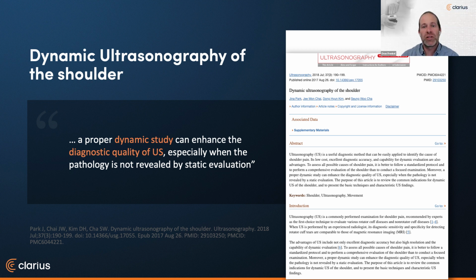Where shoulder ultrasound is already a very useful modality in the static sense, ultrasound provides this unique ability to evaluate the structures in a dynamic setting, capturing the way that the patient is trying to live through their pathology and highlighting pathology that might not even be evident on the static exam alone, giving it stronger diagnostic powers.